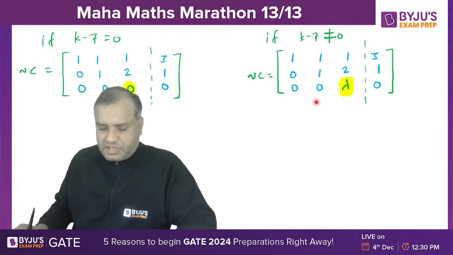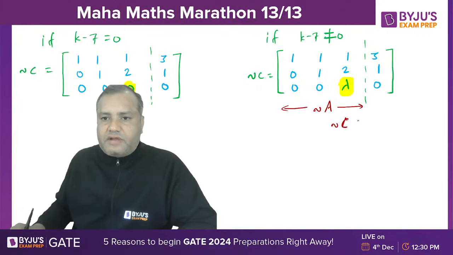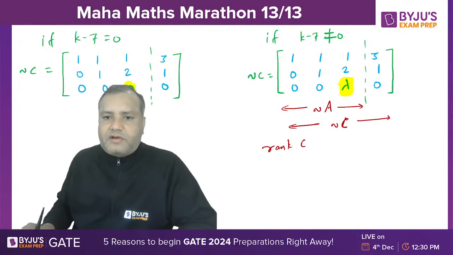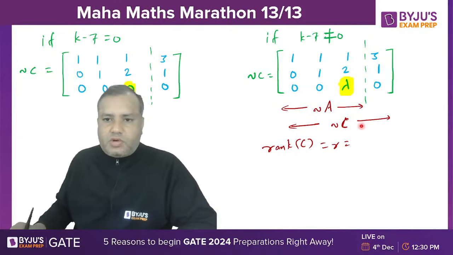If you observe this much only, this is equivalent to A. And if you observe the entire matrix, then it will be equivalent to C. So first tell me what is the rank of C, that is R. How many non-zero rows are here? 1, 2, 3. 3 non-zero rows are there.